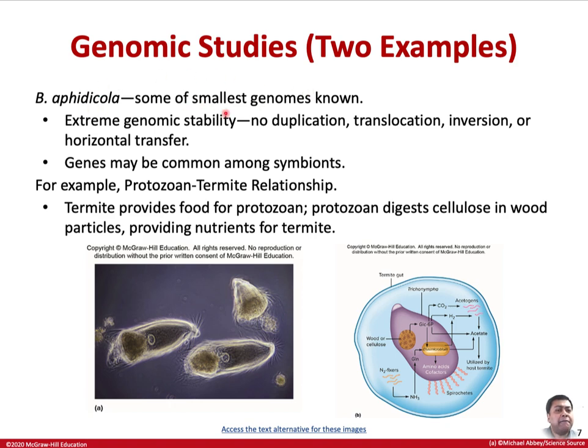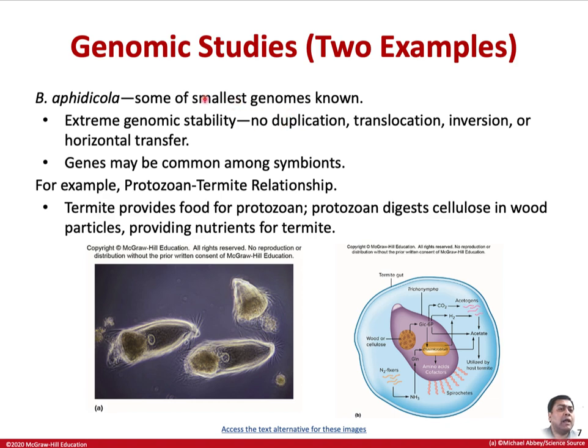So these aphids feed on plant sap. Unfortunately, plant sap does not contain nitrogenous material, and they need nitrogenous compounds to synthesize their proteins. So these Buchnera aphidicola fix the nitrogen and produce nitrogenous compounds for them.